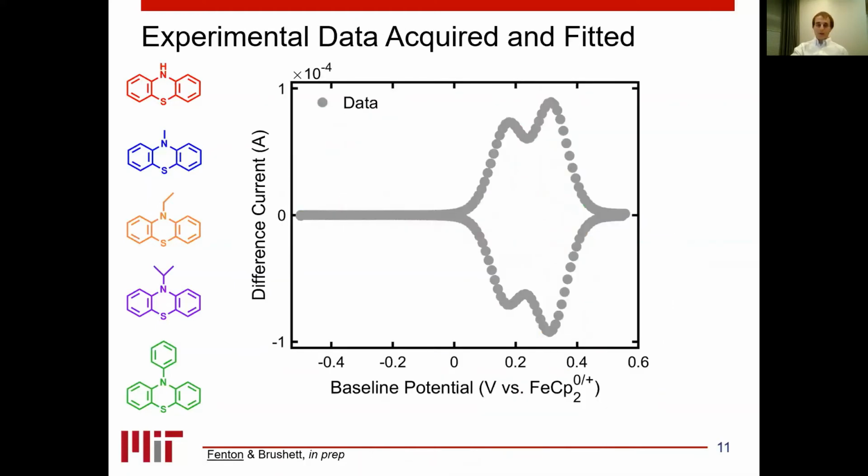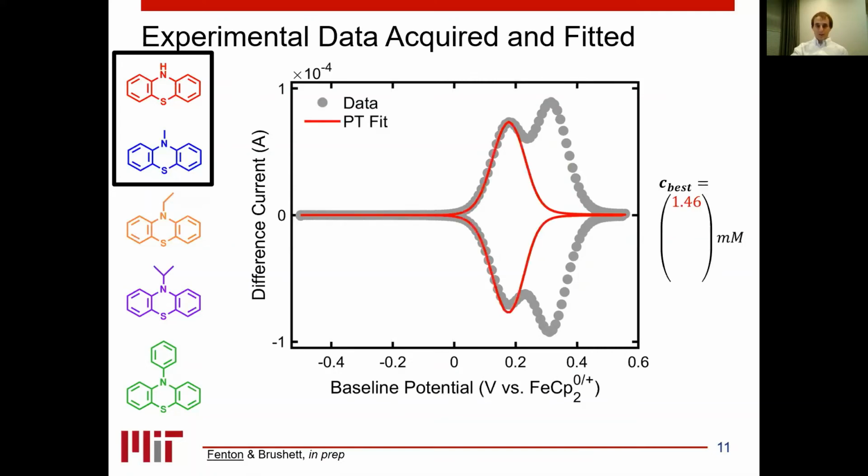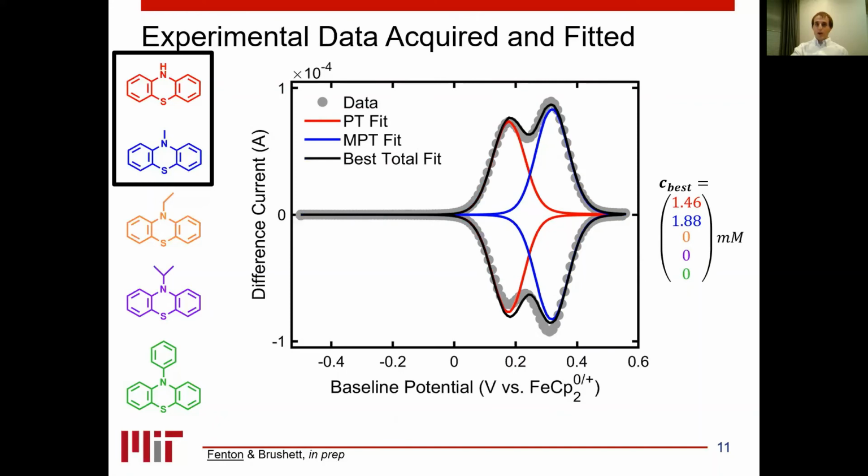Now, the experimentalist, myself, knew that these 2 phenothiazines, unsubstituted and methylphenothiazine, were added in solution beforehand. Now, these phenothiazines are fit to the experimental data to yield a vector of best fit concentrations, as well as the best overall fit.